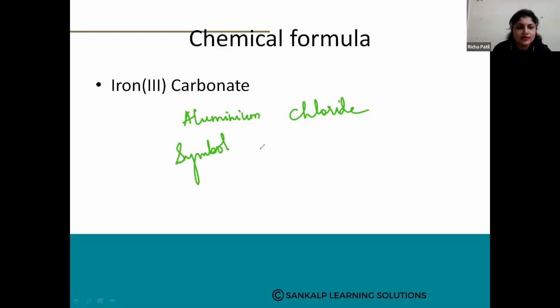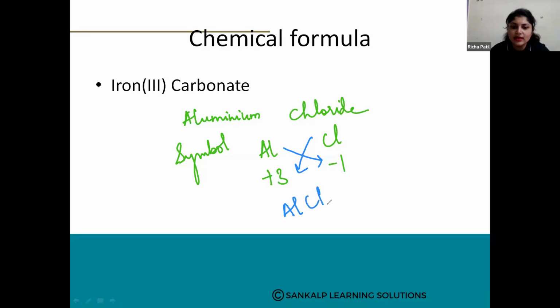Yes. Aluminium is represented by Al, chloride is Cl. For aluminium the charge is +3, for Cl the charge is -1. So there are unequal charges, and you need to crisscross it. So it will be AlCl3. Good.